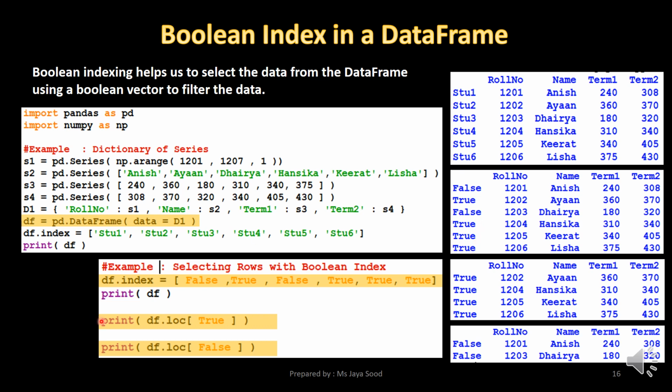The statement print df.loc[True] can now be used to filter all the rows which have the index as true as shown here in the output. The statement print df.loc[False] will filter all those rows which have the index as false.